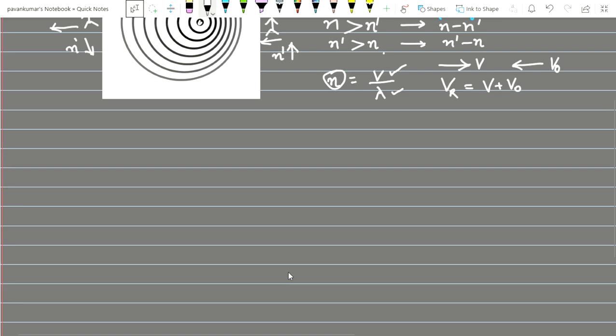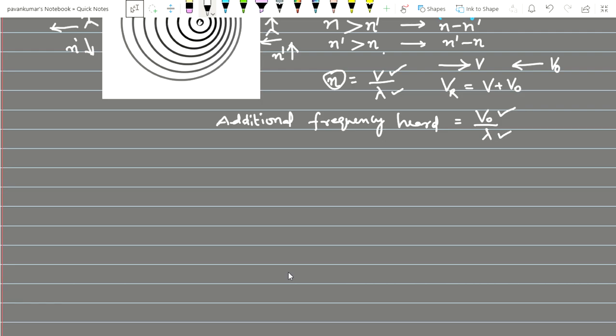Let us consider an additional frequency heard by the observer, which is equal to v naught by lambda. Here v naught is the velocity of the observer and lambda is the wavelength.